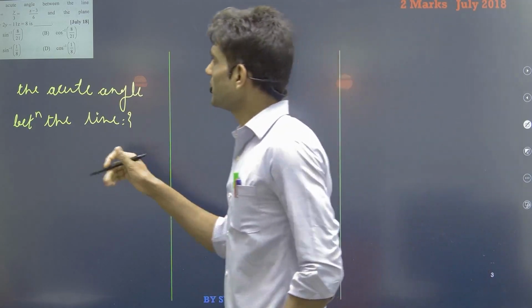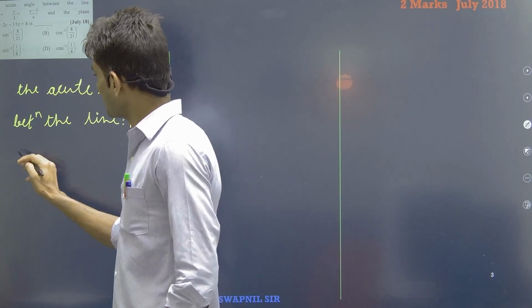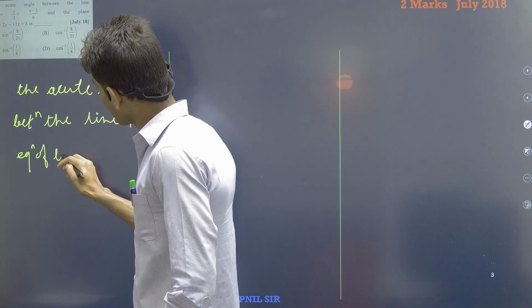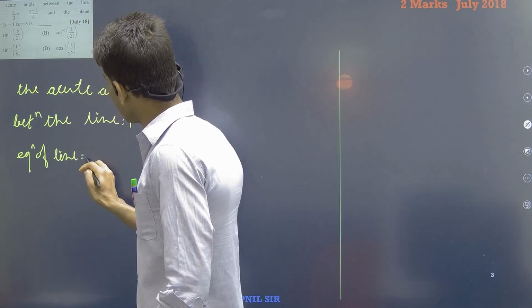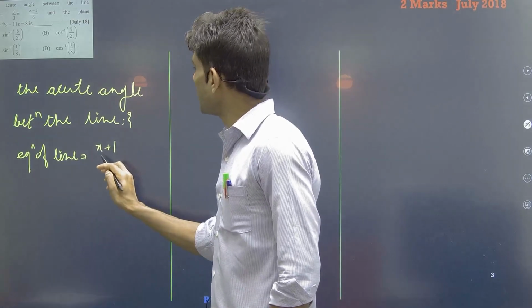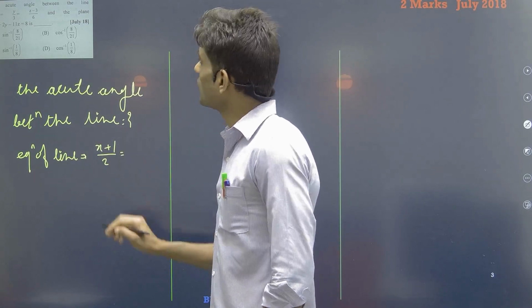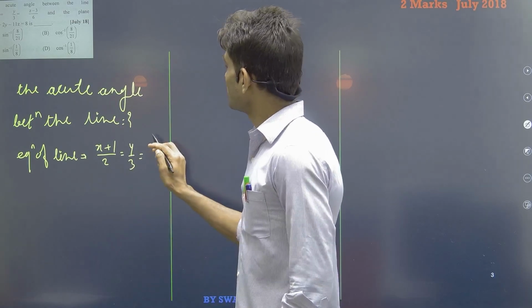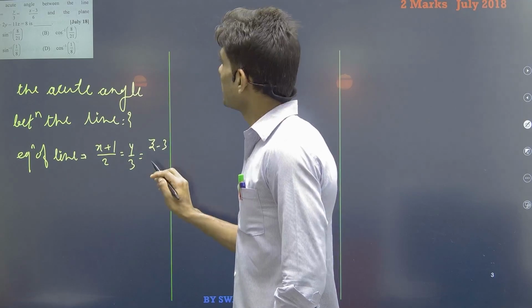So the equation of a line says that x plus 1 divided by 2, which is equal to y divided by 3, which is equal to z minus 3 divided by 6.